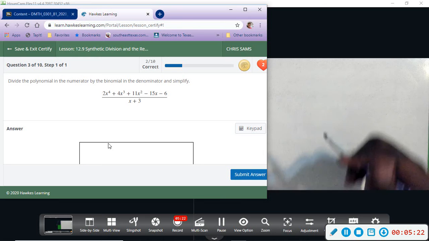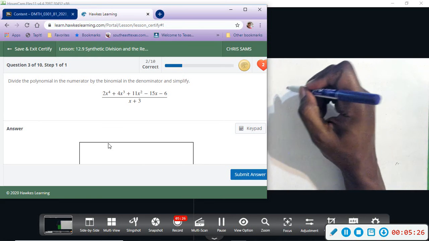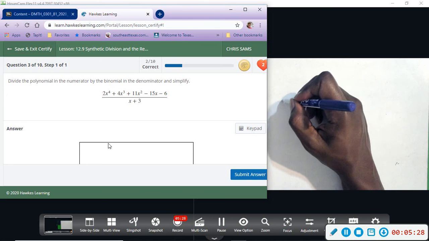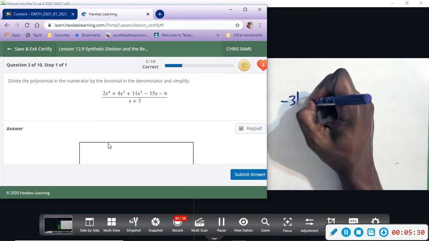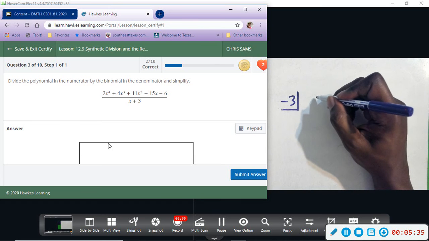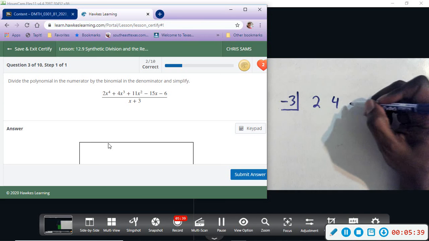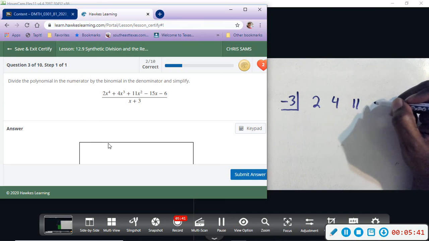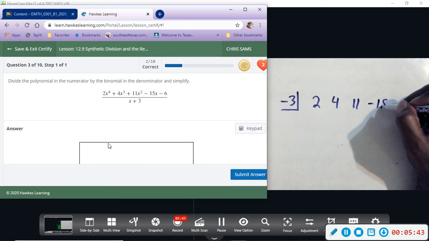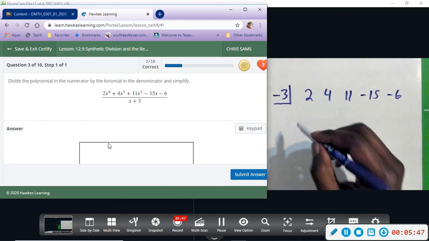Alright, number 3. Bottom number is a positive 3, so opposite is negative 3. That's our box number. And then our coefficients, we have a fourth root, so 2, a third root, 4. Next, we have 11 as second root, negative 15 is the first, and minus 6. Okay, everything is there, nothing's missing.